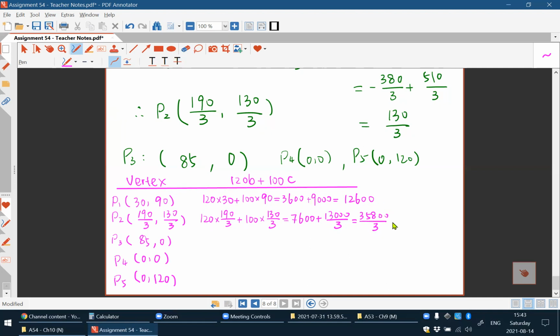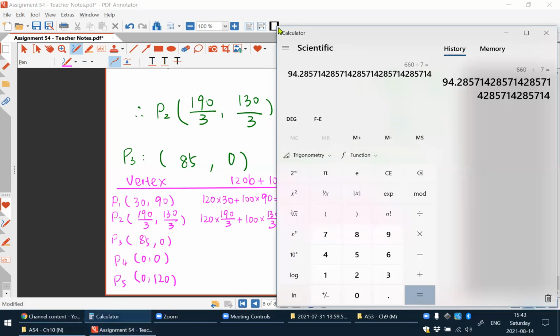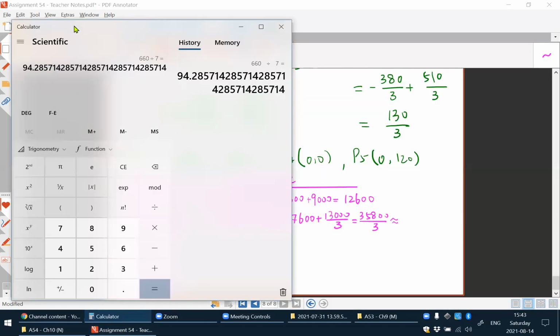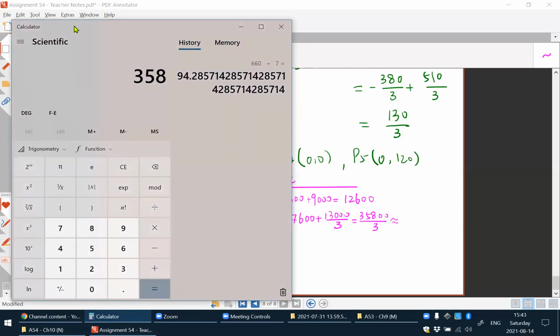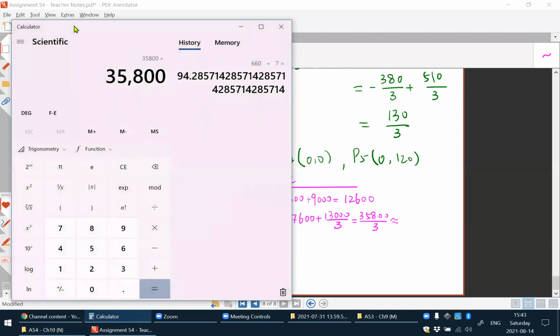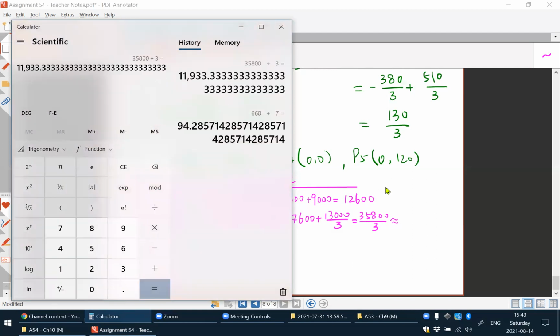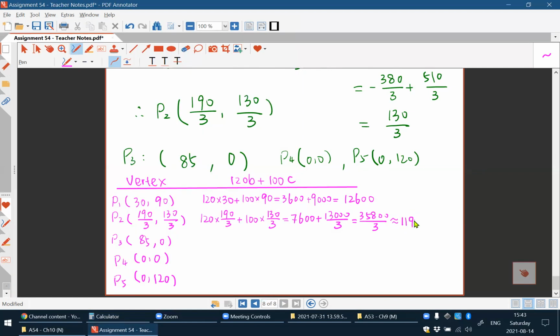In order to conveniently compare the numbers, let's rewrite this using decimals. 35800 divided by 3 is about 11933, right?